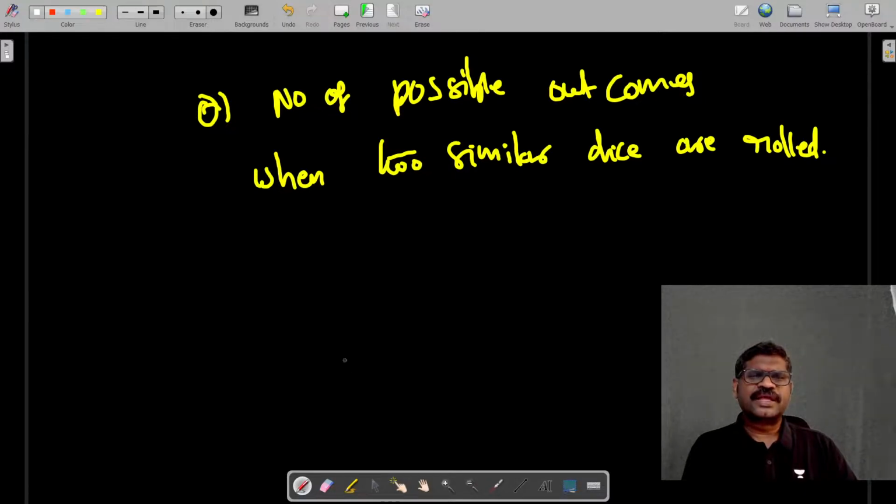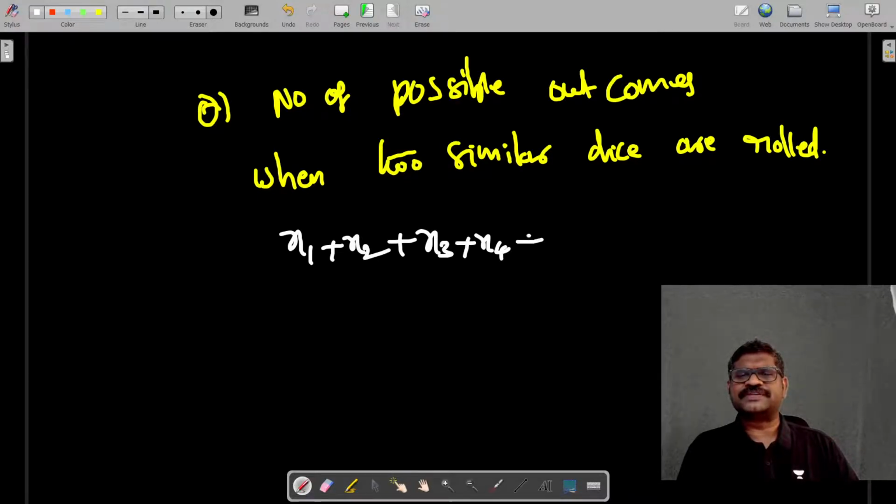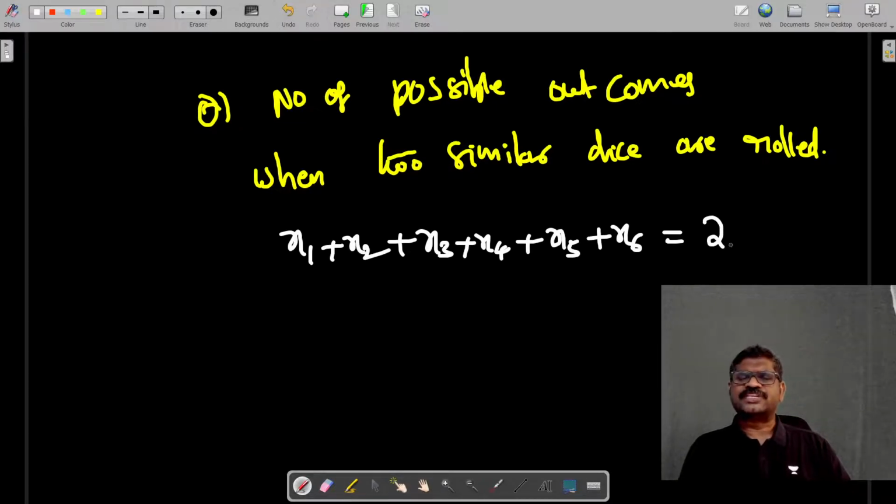Observe here, x1 plus x2 plus x3 plus x4 plus x5 plus x6 equal to 2, where each xi greater than or equal to 0.